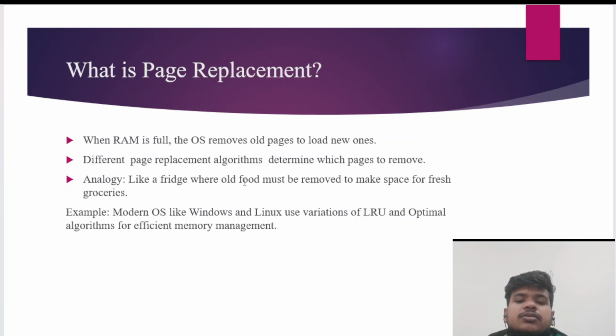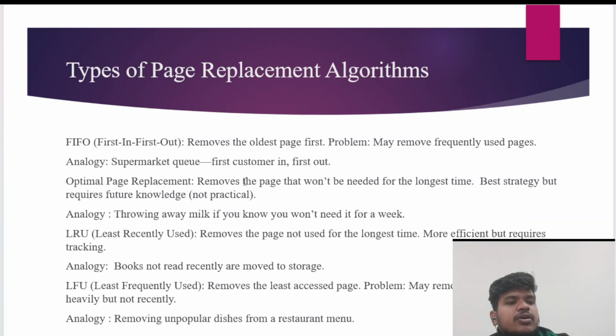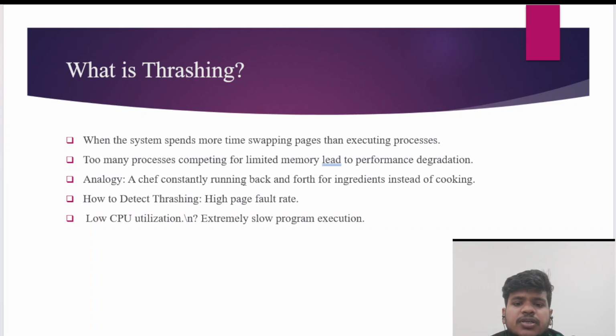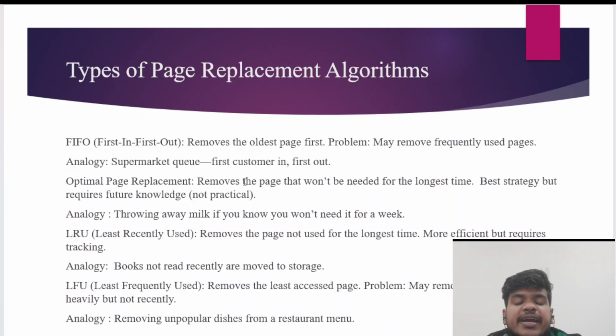Okay, then what are the types of replacement algorithms? First, we have first in, first out. It removes the oldest page first, like a queue at the supermarket checkout. First customer in, first customer out.